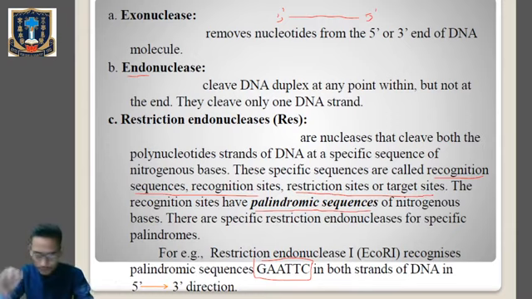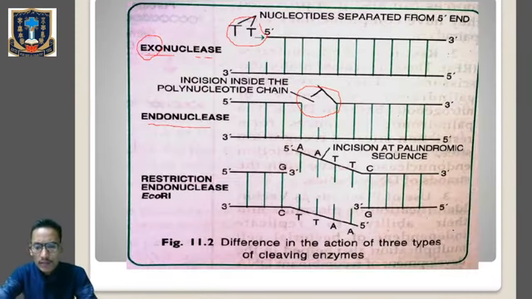Clear? So these sequences are present in the DNA molecules, and GAATTC palindromic sequences are recognized by the enzyme EcoR1. Now what do you mean by palindromic sequences? Before that, look over here. This sequence is GAATTC.